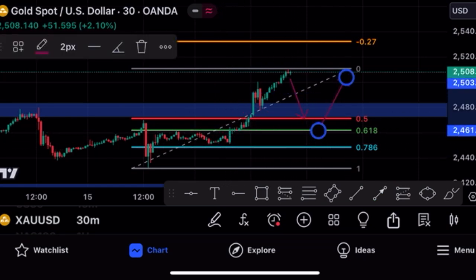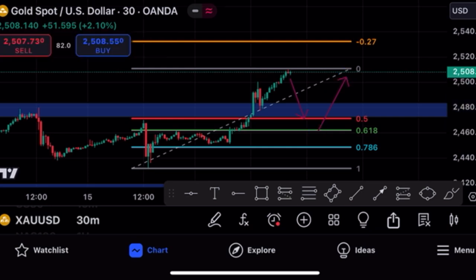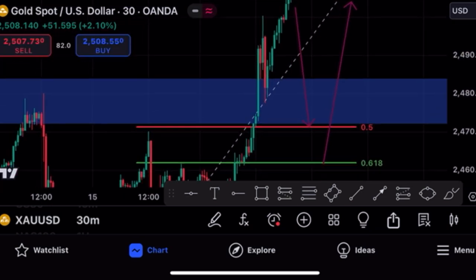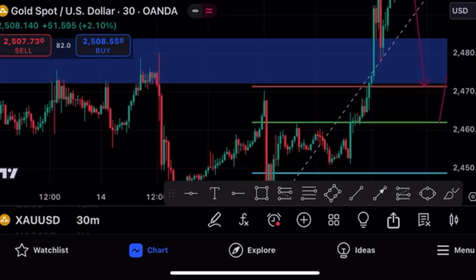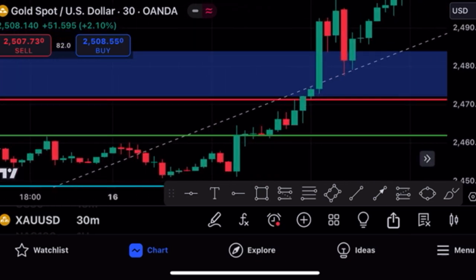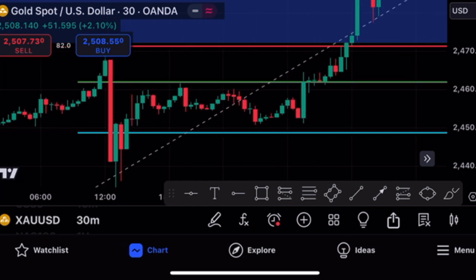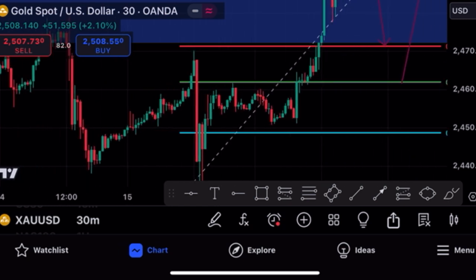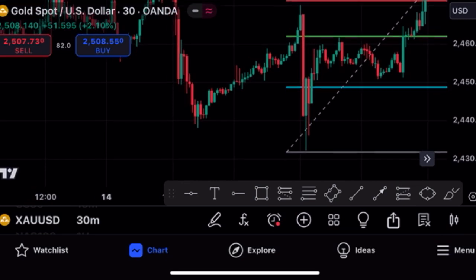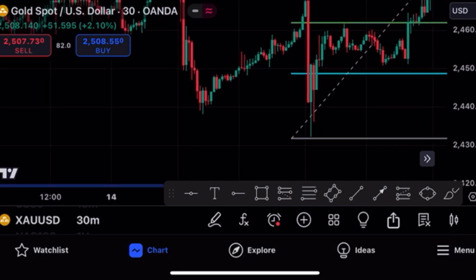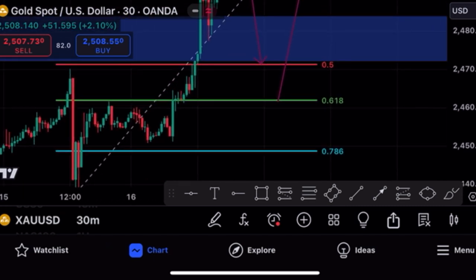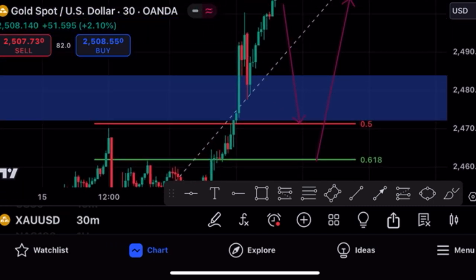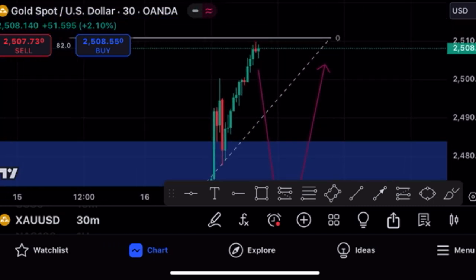When I say create a pattern in the zone, I mean something like this retest that you see in this area, something like this double bottom that you see in this area, or something like this double bottom that you see in this area. All of these are good signs when you get to zones that you're interested in, that you want to see price react to and go back to a certain level.